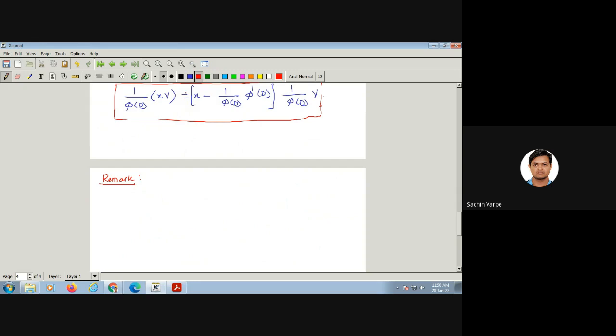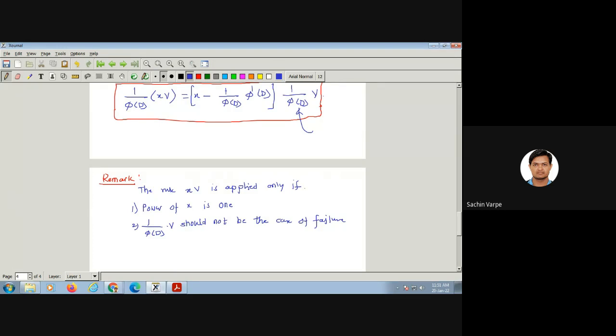I'm writing here, the rule xv is applied only if first, power of x is 1, second is 1 upon phi of d. ये जो लास्ट है 1 upon phi of d into v, this should not be the case of failure. मतलब it should not be the case of failure means what?